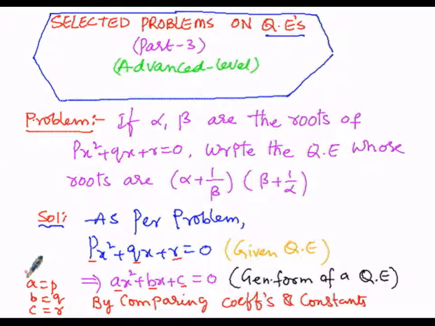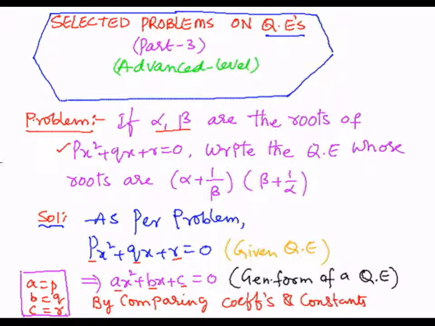Then we can utilize these values in order to frame a quadratic equation of these roots. But as per the problem, alpha and beta are the roots of this given equation.